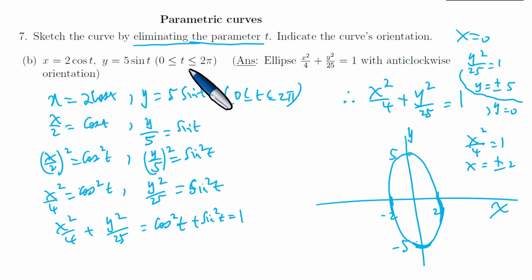For example, when t is 0, y becomes what? Sine 0, which is 0. And then t goes to pi over 2, like 90 degrees, and sine of pi over 2 is 1. So y is going to run from 0 to 5.